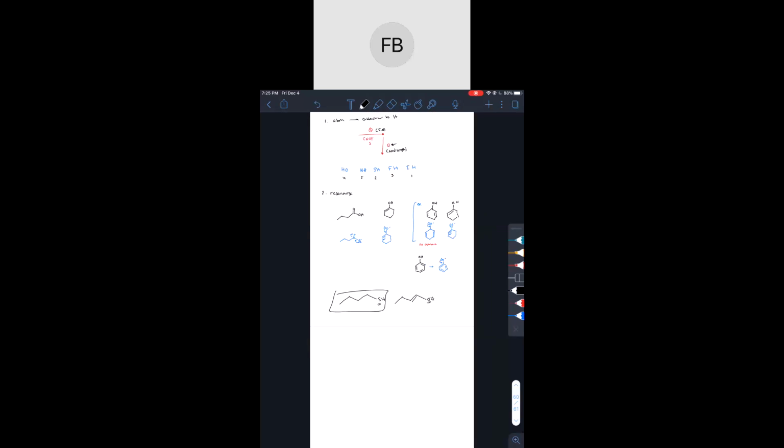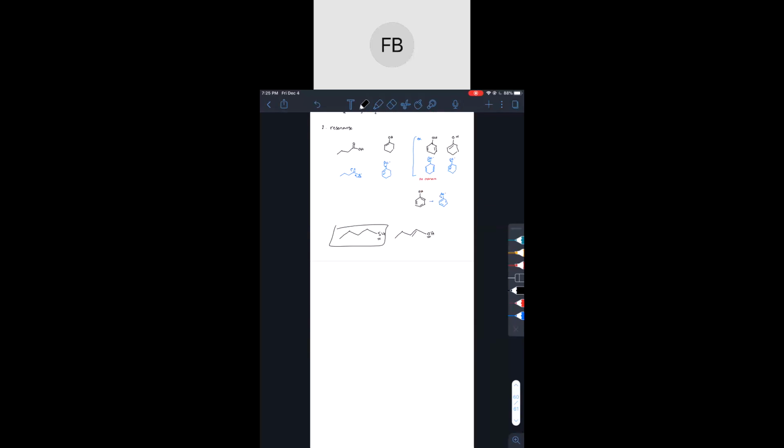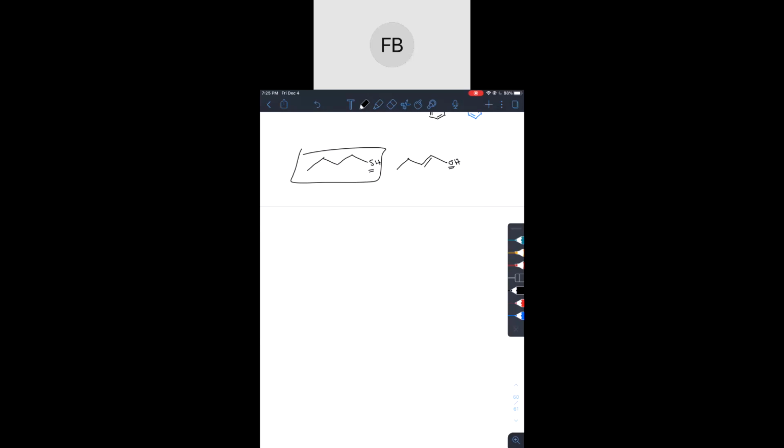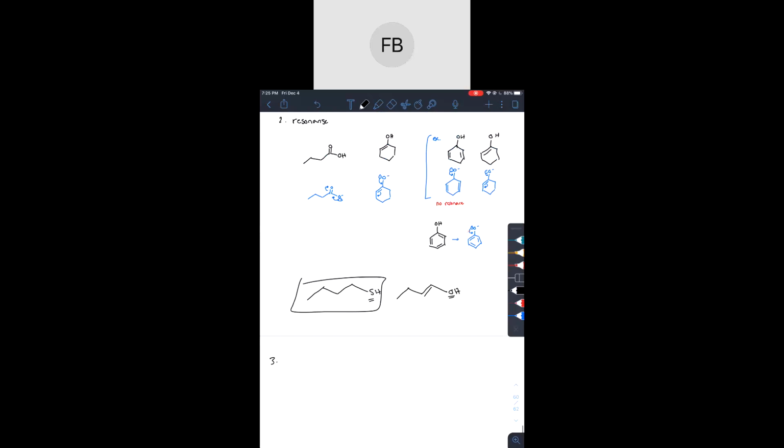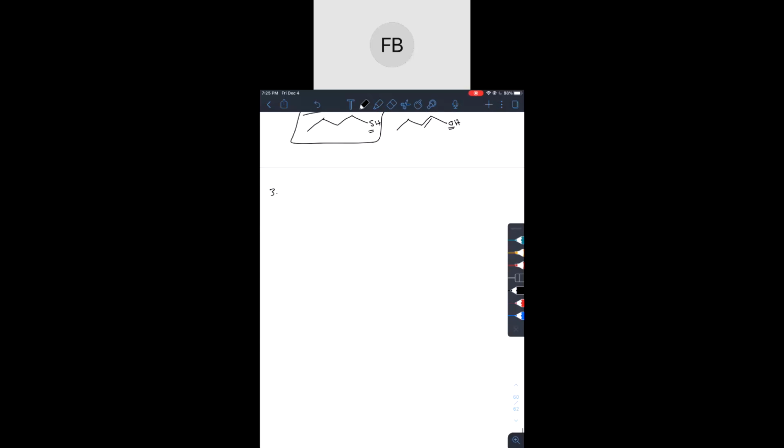All right, now let's look at the third thing. The third thing is induction forces. What induction forces are, they're kind of similar to resonance, but it doesn't involve double bonds moving around. It's basically about if there is some very electronegative atom.